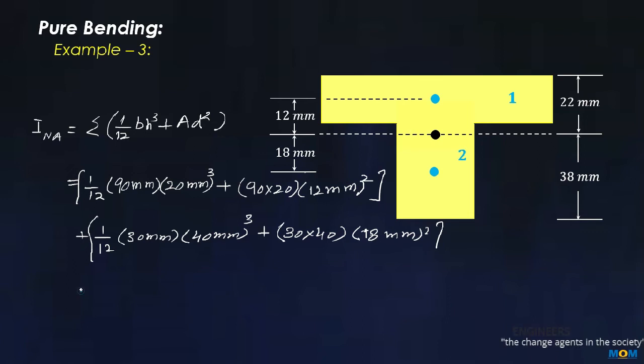Now after solving this, the moment of inertia about neutral axis is going to be 868 into 10 raised power minus 9 meter 4.